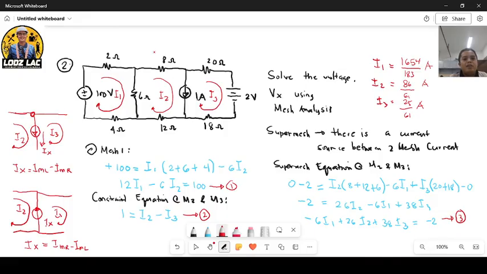So, for example, the Vx I'm referring to here, positive and negative, across the 6 ohms. So, to solve for the voltage Vx, maraming mga challenges po. To solve for the Vx, we need first to solve for the current. Since the assumption is positive to negative by conventional current, the current must be downward.